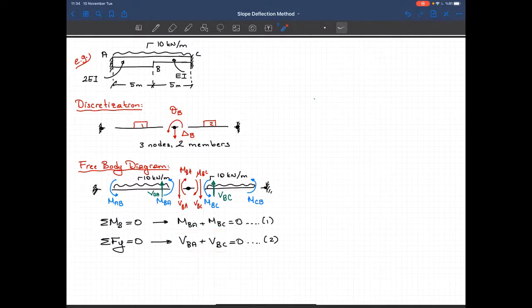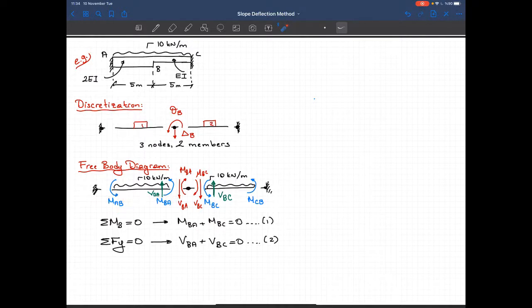So the next thing to do is to use slope deflection equations to figure out what MBA and MBC are in terms of these two degrees of freedom. And then by using these free body diagrams, I can represent VBA in terms of MAB and MBA.